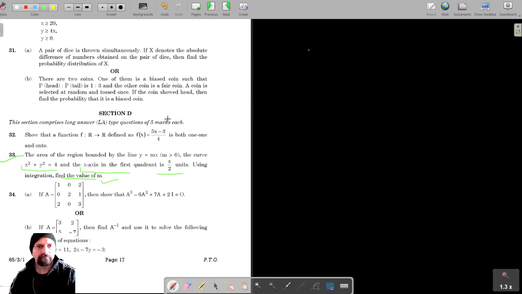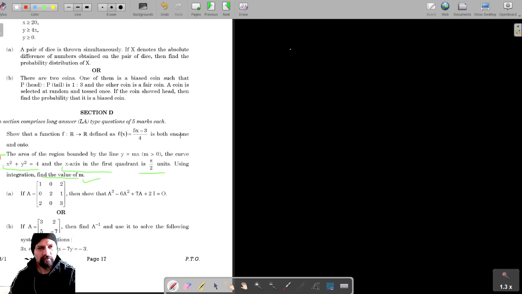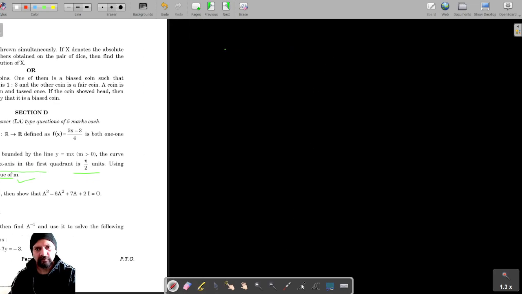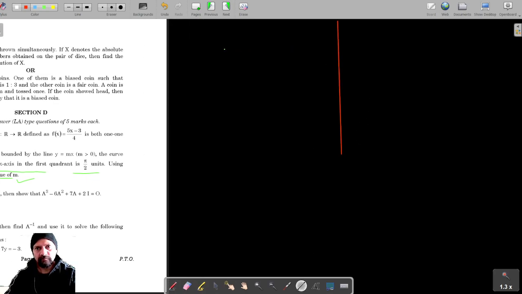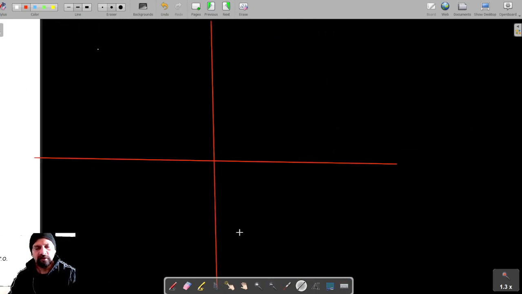So let's first of all try to sketch the graph of the region bounded by the line y is equal to mx. Let's say this is our y-axis and this is the x-axis. We have to stick to the first quadrant.